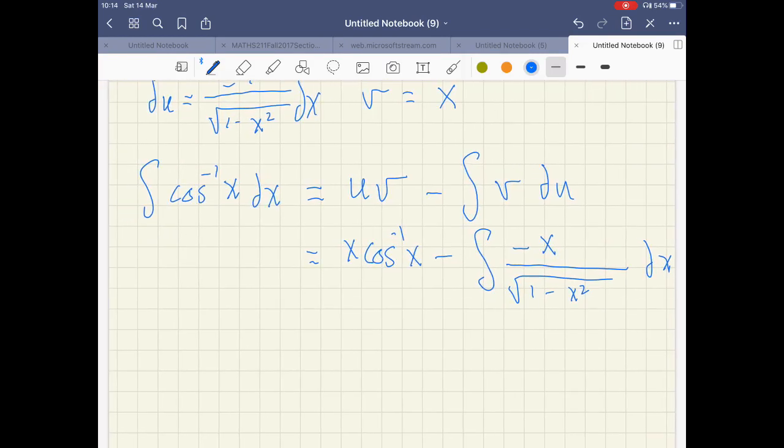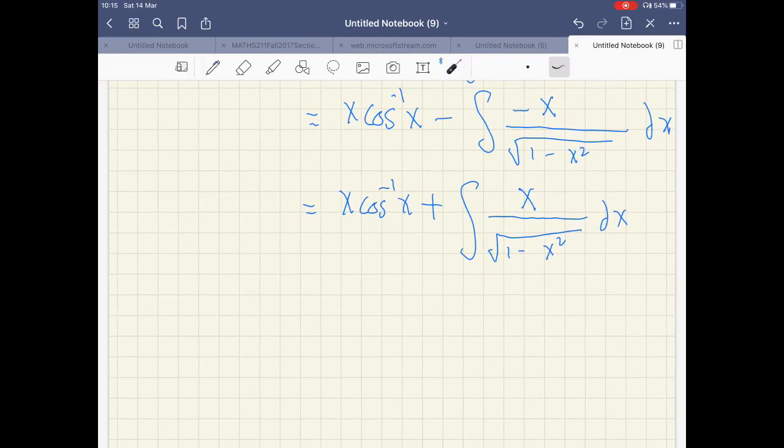The final step is, just let me write it down. First of all, you have a negative and a negative. So if you combine them, you'll just get a plus. And then you have x over square root 1 minus x squared dx.